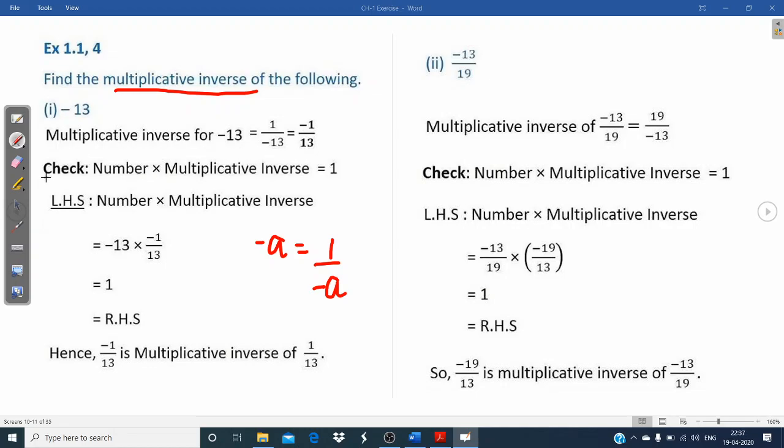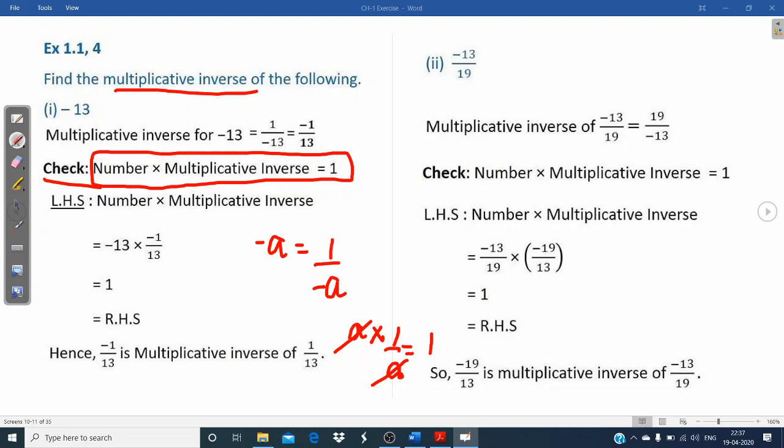Now, if you want to check, we already know this: if a number is a, and you multiply it by its multiplicative inverse, 1 upon a, then a will be cancelled out and the final answer remaining will be 1. So if a number is multiplied by its multiplicative inverse, you will always get 1.